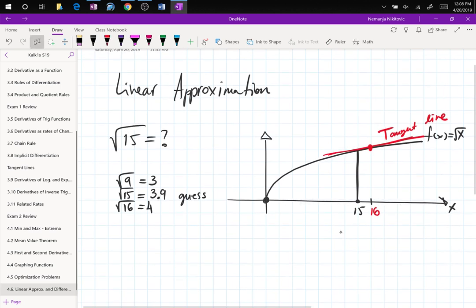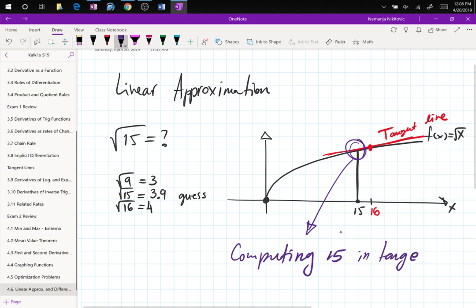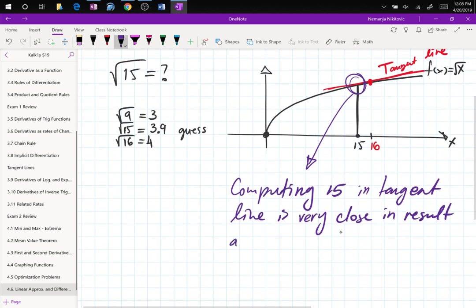And look at this area here. This area says that computing 15 in tangent line is very close in result as computing 15 in square root of x.